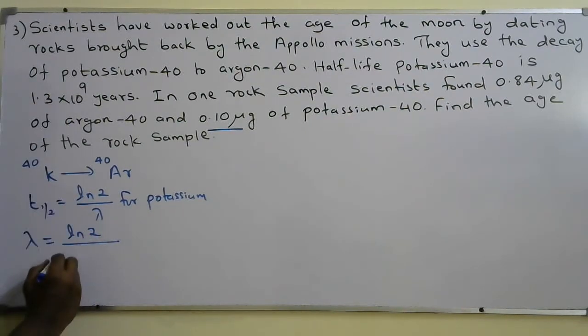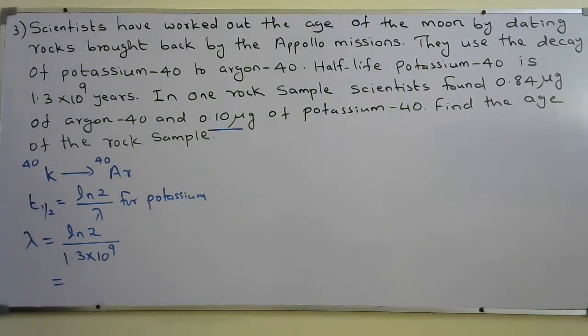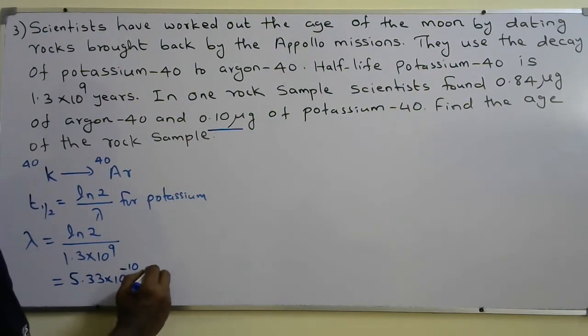T half is 1.3 times 10 to the power 9 years. So there you will get the answer, 5.33 times 10 to the power minus 10 per year.